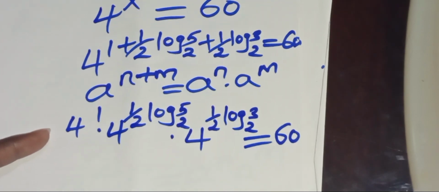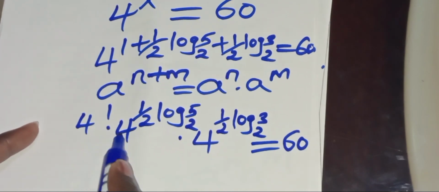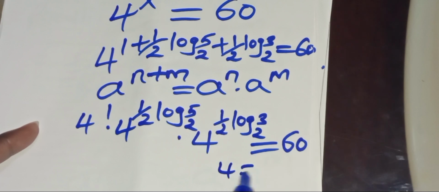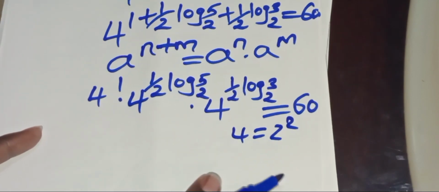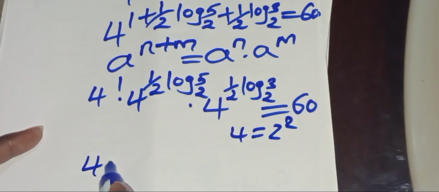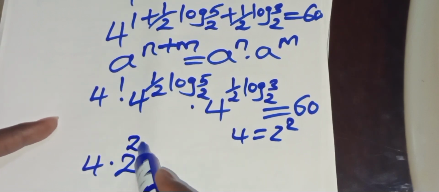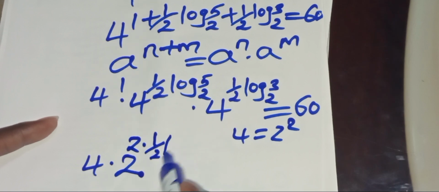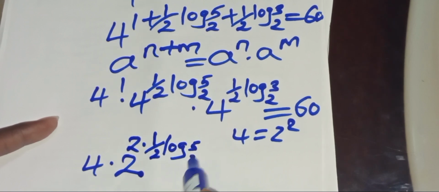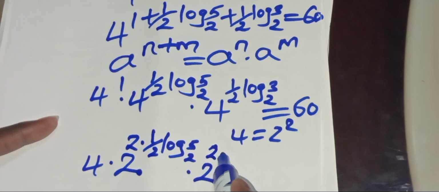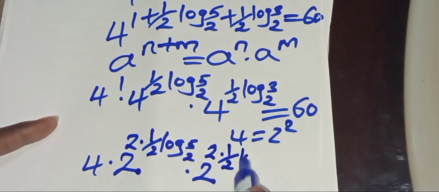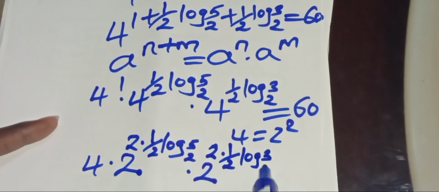Now, from what you have here, you find that we can express 4 as 2 to power 2. So this is the same thing as 4 multiplying by 2 to power 2 multiplying by half log 5 to base 2, multiplying by 2 to power 2 multiplying by half log 3 to base 2.